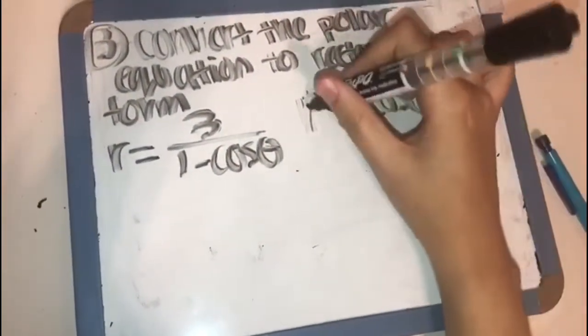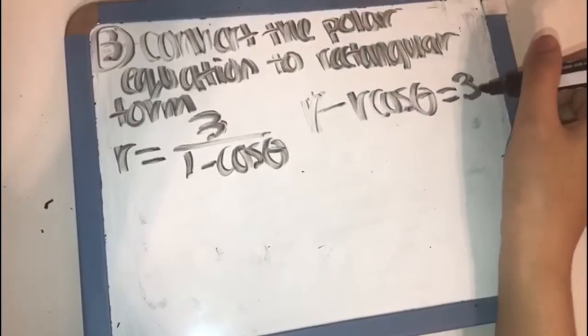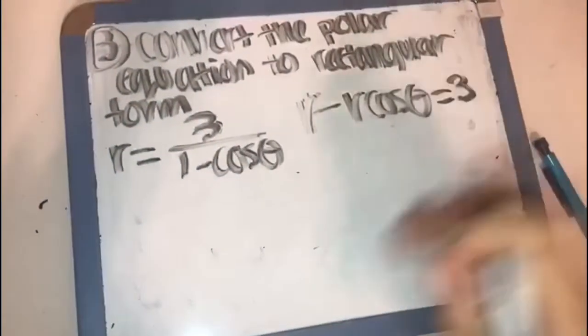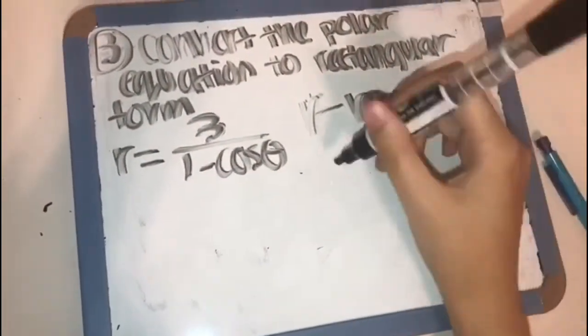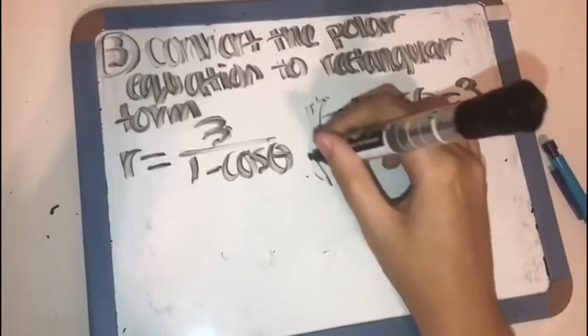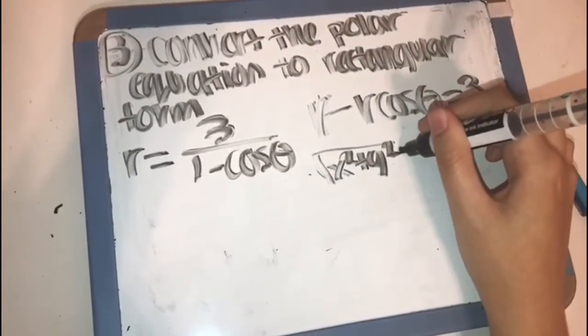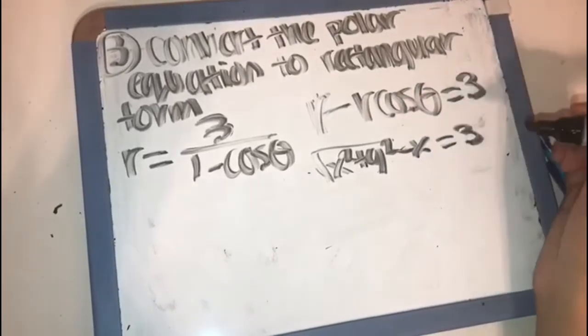So we have r minus r cosine theta equal to 3, okay? Then we're going to do the square root of x squared plus y squared, because we're doing it step by step. So the square root of x squared plus y squared minus x is equal to 3, okay?